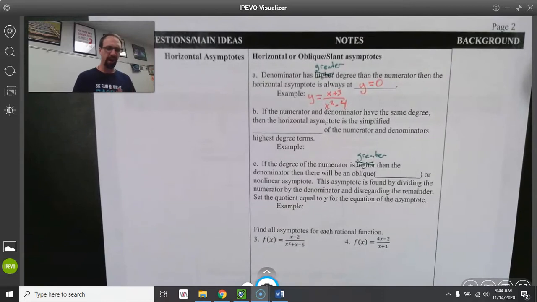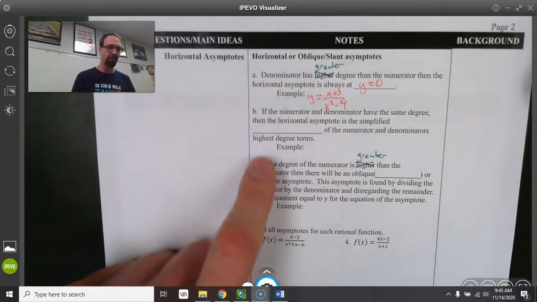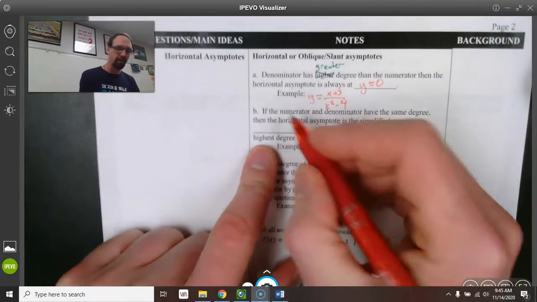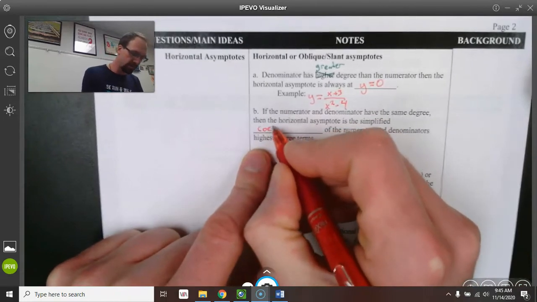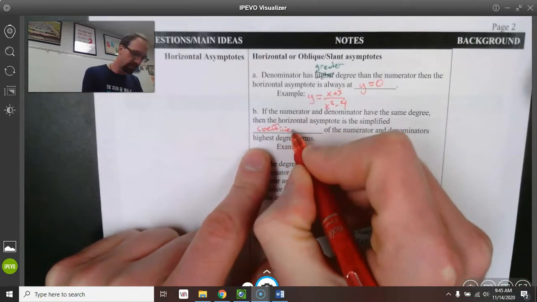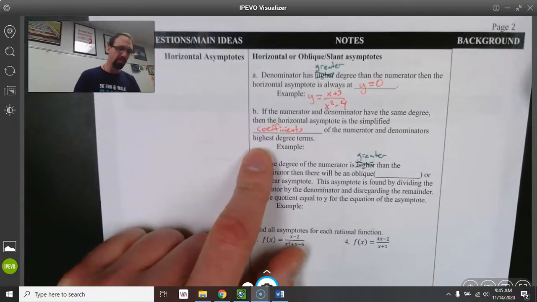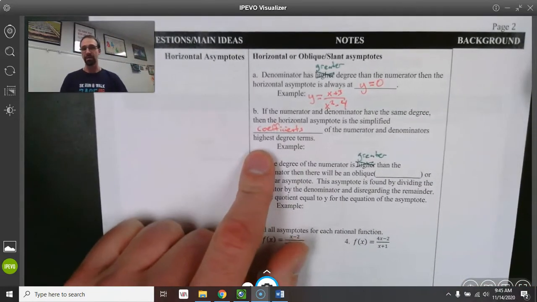If the numerator and the denominator have the same degree, then the horizontal asymptote is the simplified coefficients of the numerator and the denominator's highest degree terms.